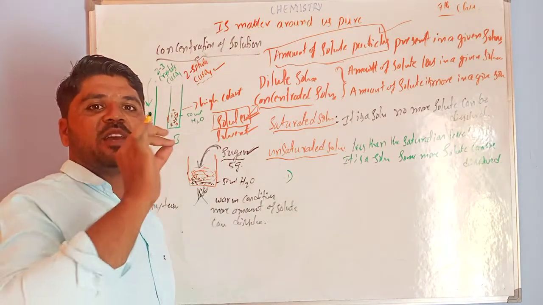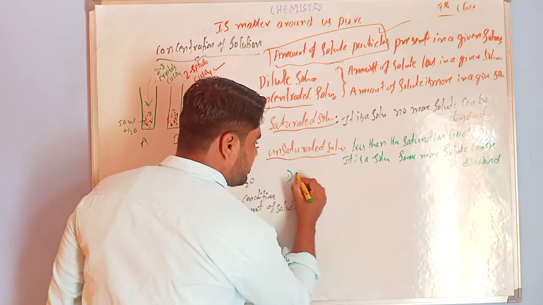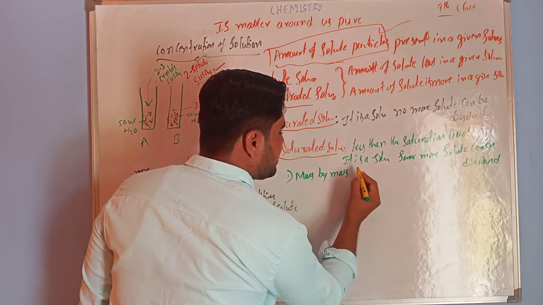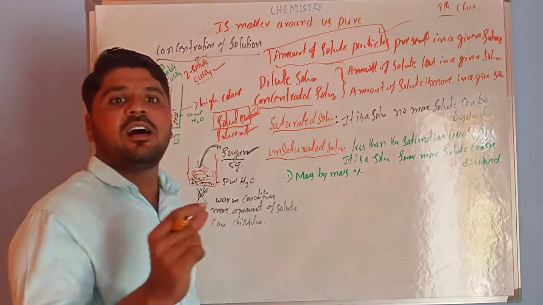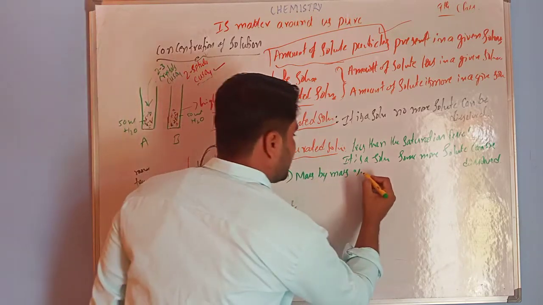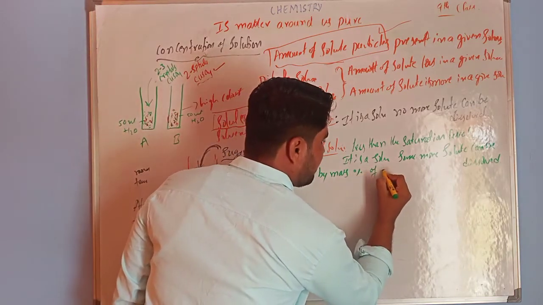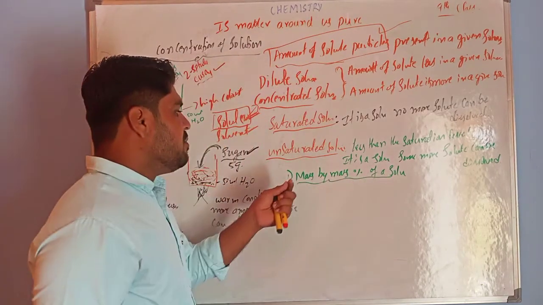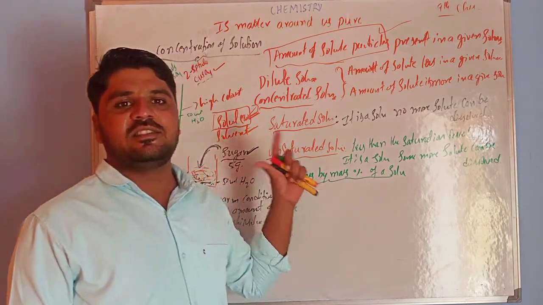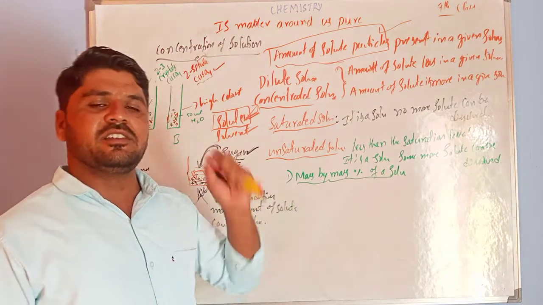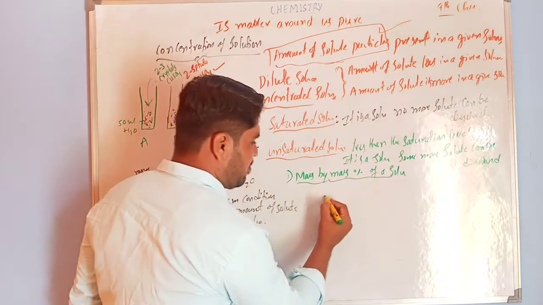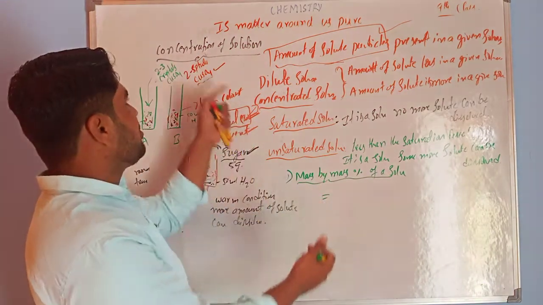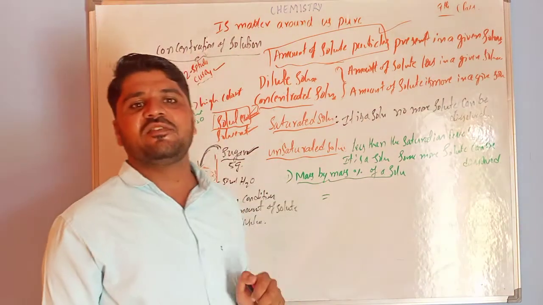The first one is mass by mass percentage of a solution. This is the first method to express the concentration. In this we have a formula by which we can determine the concentration of a solution.